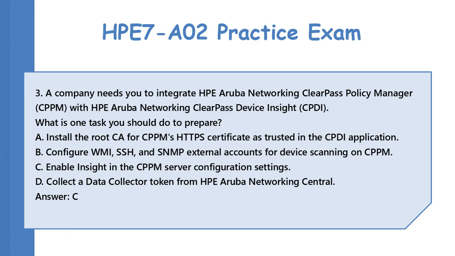B. Configure WMI, SSH, and SNMP external accounts for device scanning on CPPM. C. Enable Insight in the CPPM server configuration settings. D. Collect the data collector token from HPE Aruba Networking Central. Answer: C.